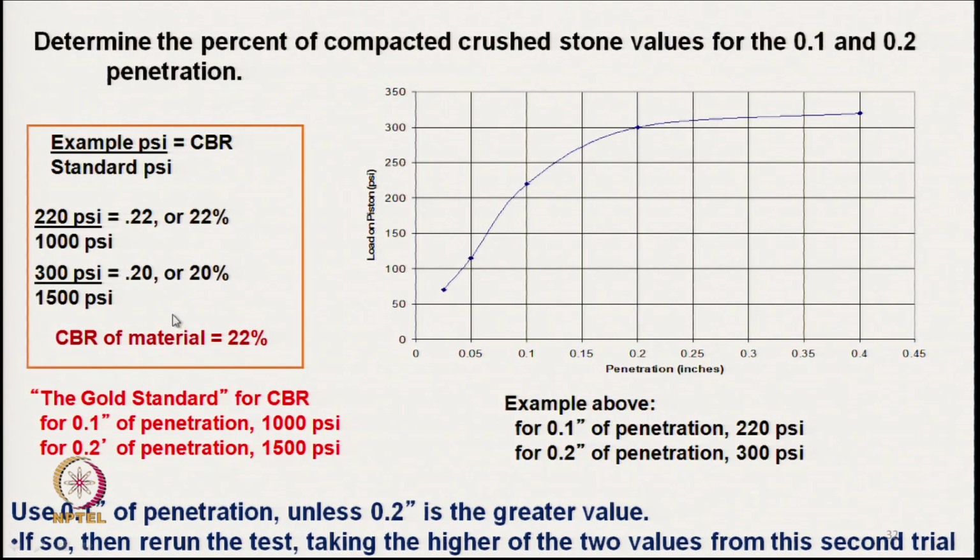Among 0.1 and 0.2 we take the CBR value which is higher as the standard value. So, for this example the CBR of the material is 22%. Accordingly, if we know the CBR value we get an idea about the compactness or compressibility of the soil.